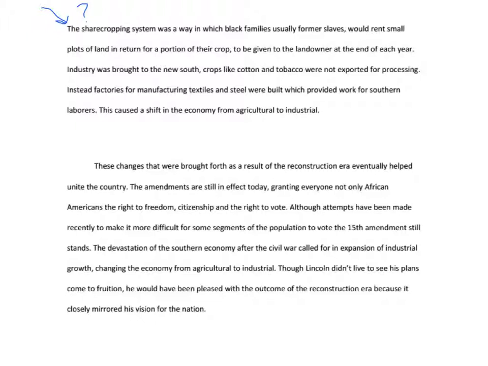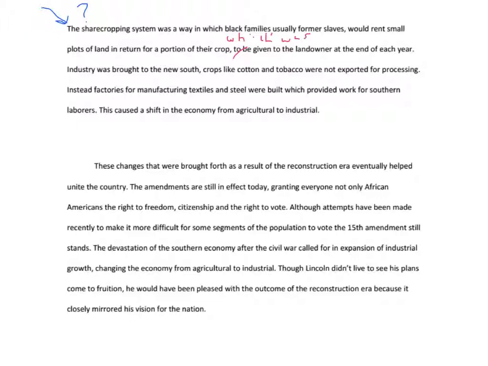"That was a way in which black families..." Just make sure that there's always a clear link from one sentence to the next. Black families, usually former slaves, would rent small plots of land in return for a portion of their crop, which was given to the landowner at the end of each year.